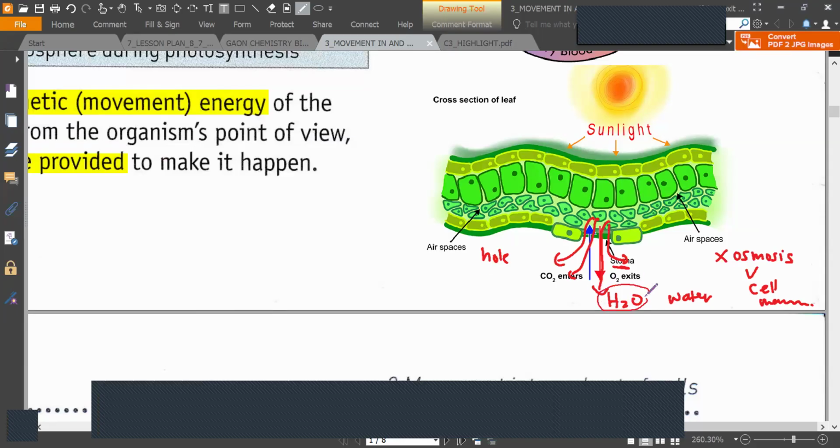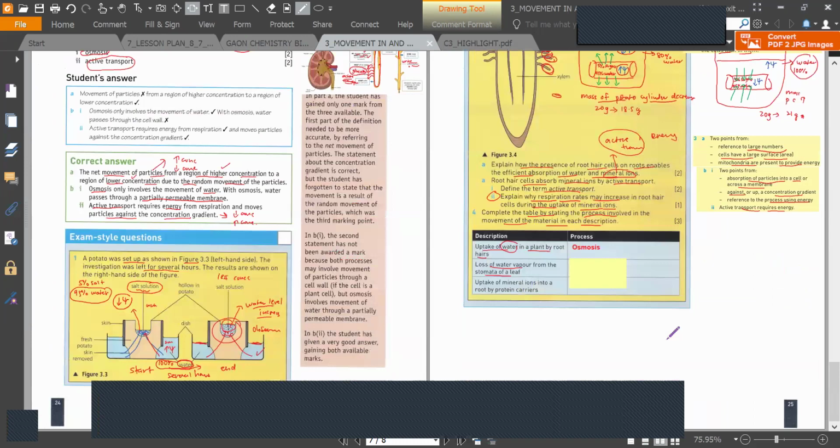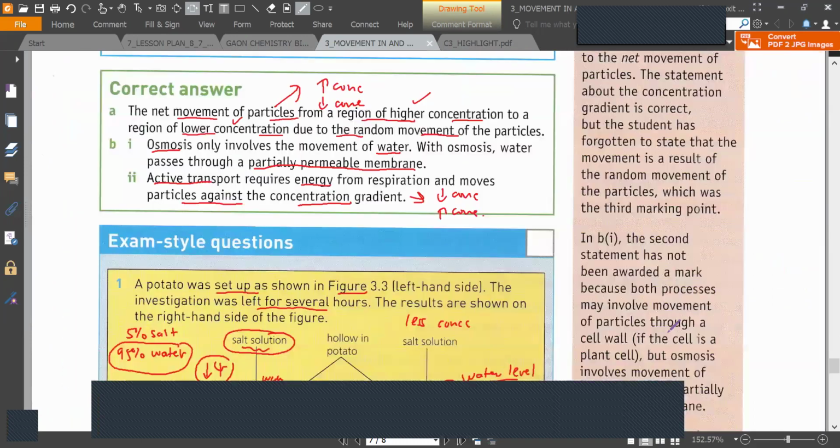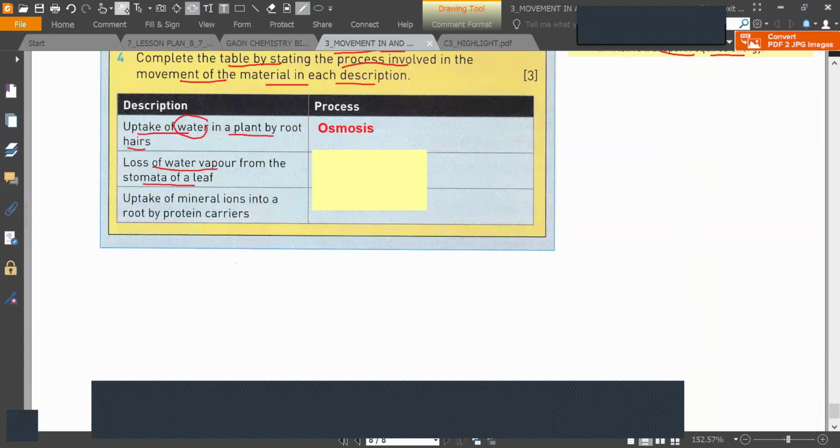Even if it is movement of water, if there is no cell membrane, it is still diffusion. So this part we need to be very careful. Coming back to our question, this one will be diffusion.